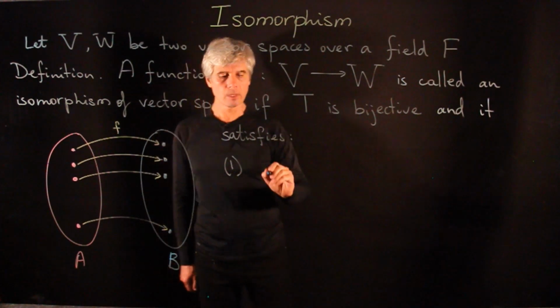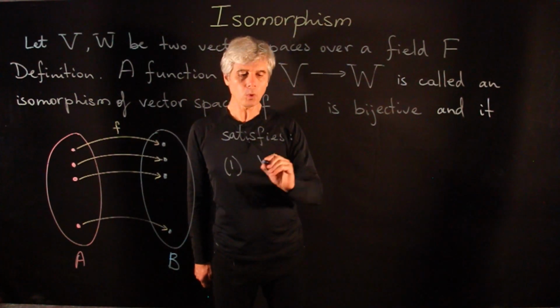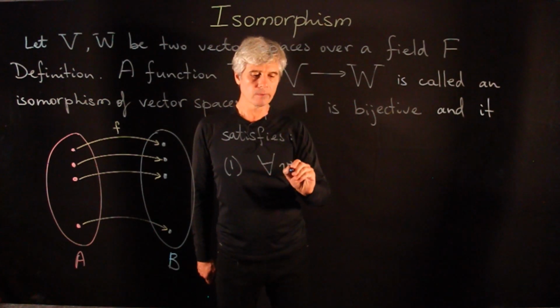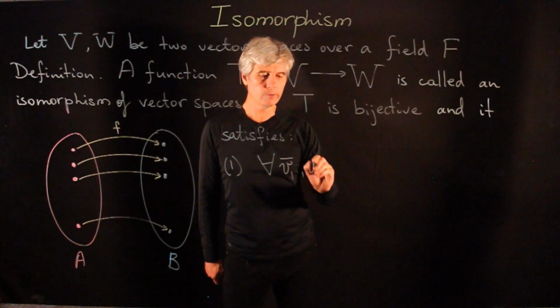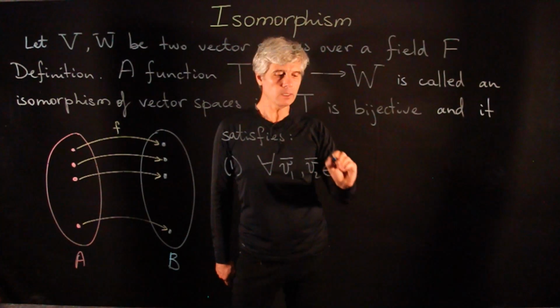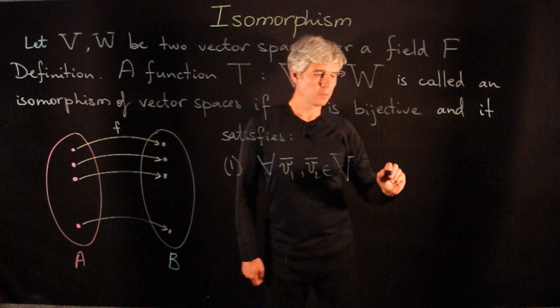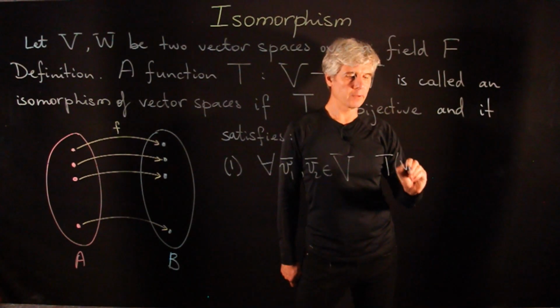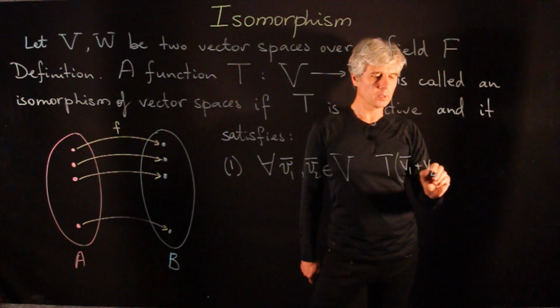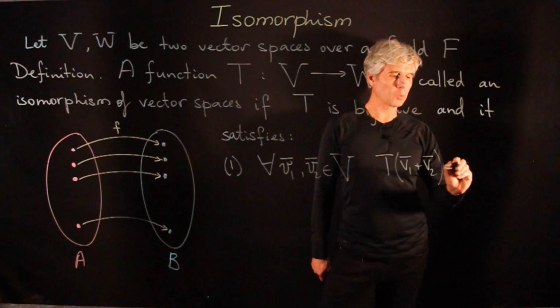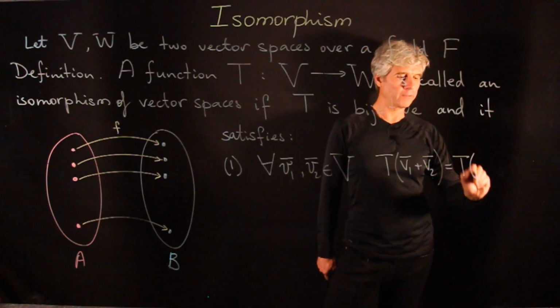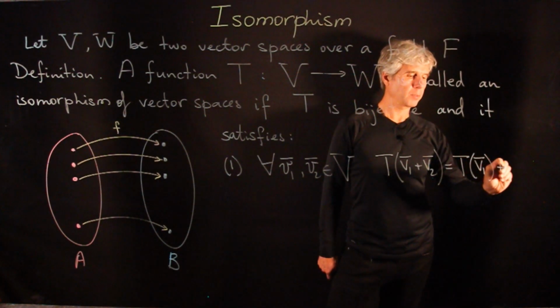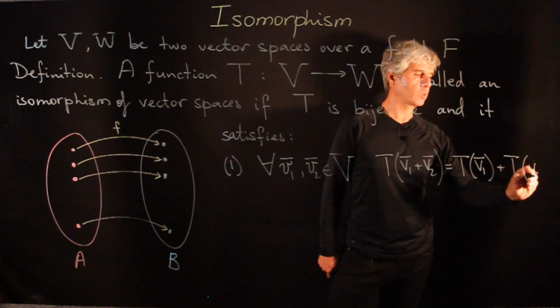One, for all vectors v1 and v2 in V, we have T of the sum v1 plus v2 is equal to T of v1 plus T of v2.